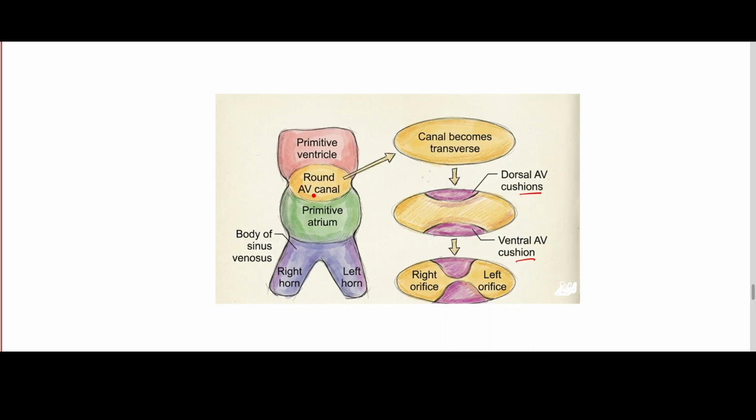Okay, so we have taken a transverse section of this AV canal. So we have something like this. We have the dorsal AV cushion and the ventral AV cushion. They eventually fuse to form what is called the septum intermedium.